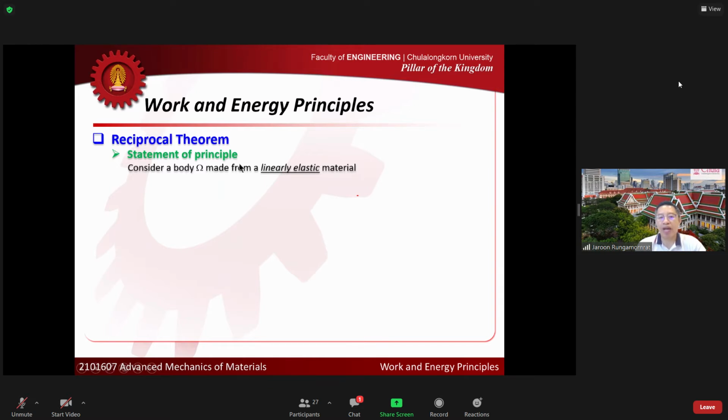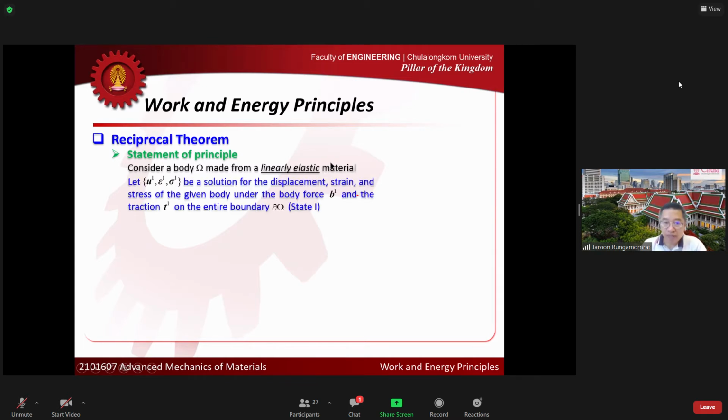It applies only to a body made of linear elastic material; the stress-strain relationship has to be linear. So it's quite limited in terms of the scope of the theorem, right? Compared with the first two and the third and the fourth one that I showed you before.